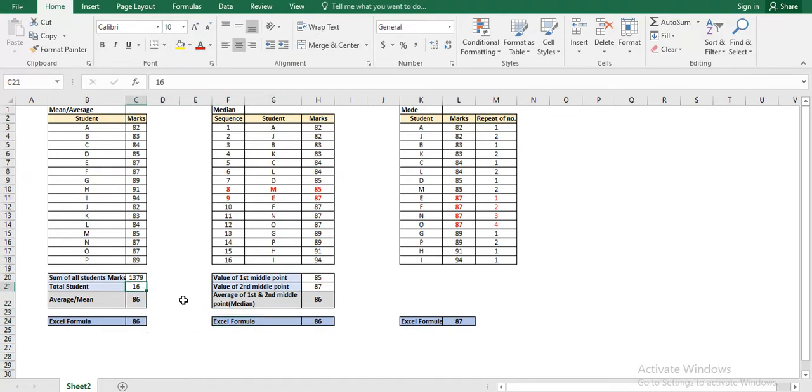Means are basically used by all, and it is the most used formula in central tendency. But there are some disadvantages also here, which is that the values are very much affected by extreme values.